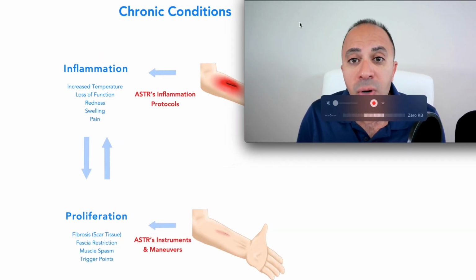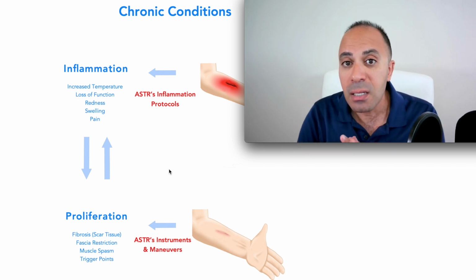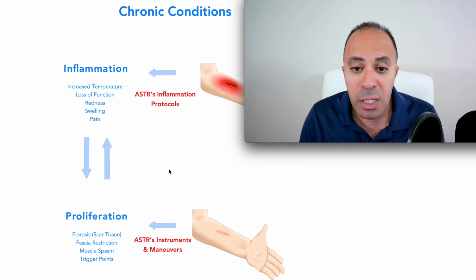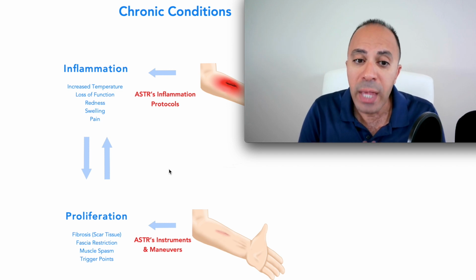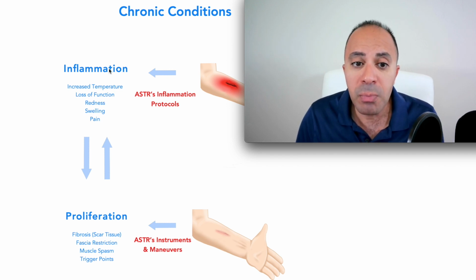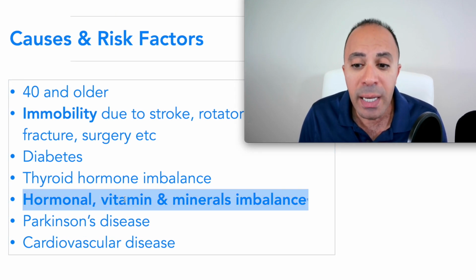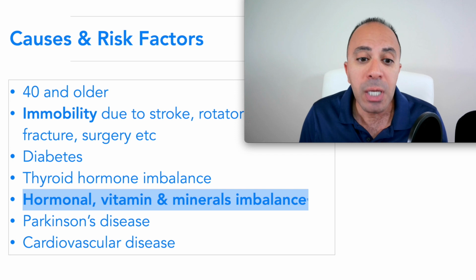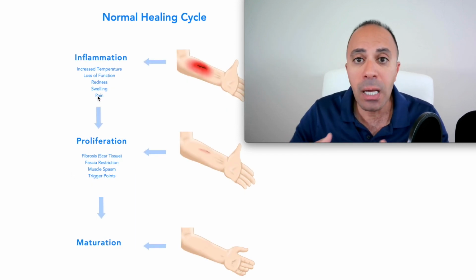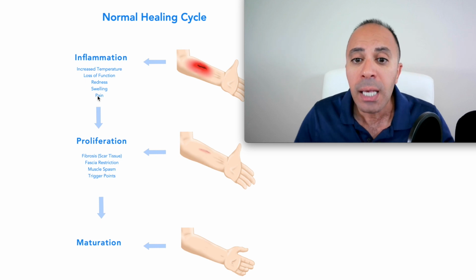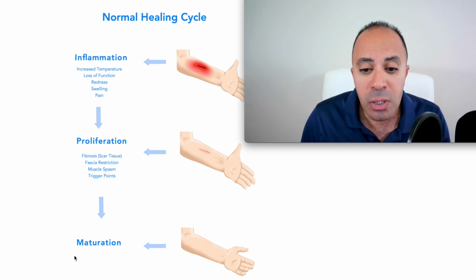Okay, so with chronic inflammation, very typical with frozen shoulder, you have really excessive inflammation internally and scar tissue. So the treatment has to address both at the same time. And as I mentioned before, it's overlooked by a lot of healthcare providers: hormonal, vitamin, and mineral imbalance. Because if you don't have magnesium, D, zinc, B, C, and other vitamins and minerals, your body is not going to transition from inflammation to proliferation to maturation.